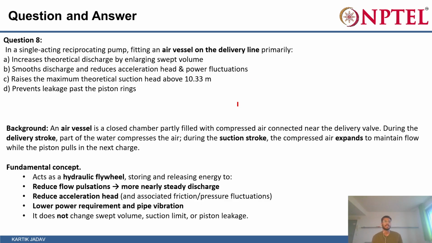Question number 8. In a single acting reciprocating pump, fitting an air vessel on the delivery line primarily does what? First let's understand the air vessel. An air vessel is a closed chamber partially filled with compressed air, connected near the delivery line. During the delivery stroke, part of the water compresses the air.